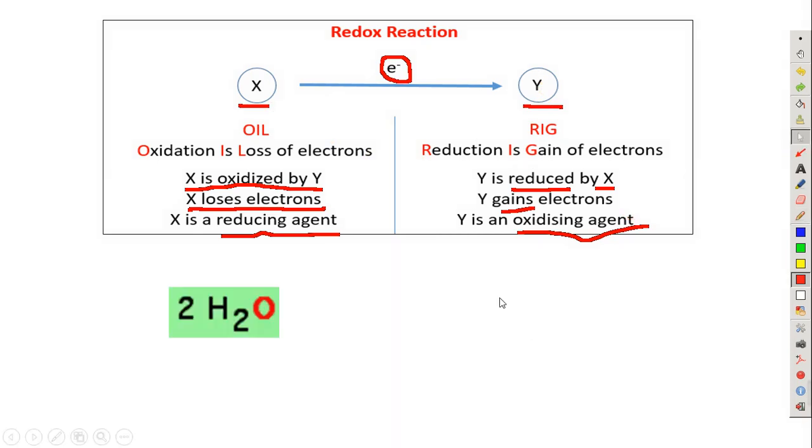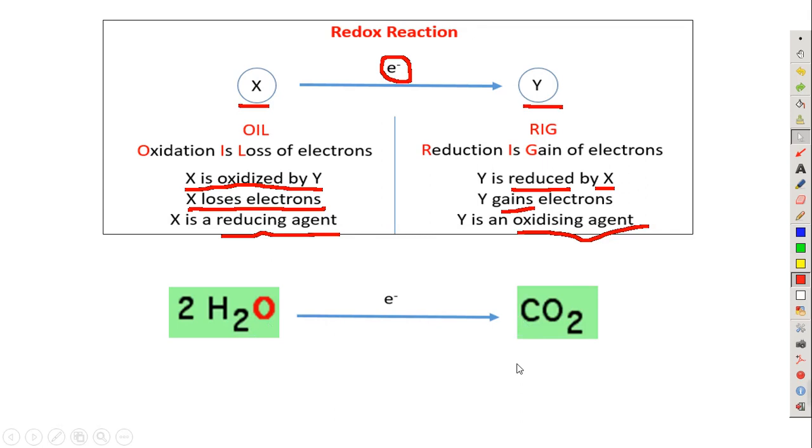So in this case, the X molecule could be two molecules of water, and the Y molecule would be CO2. So there's a transfer of electrons from water to CO2.